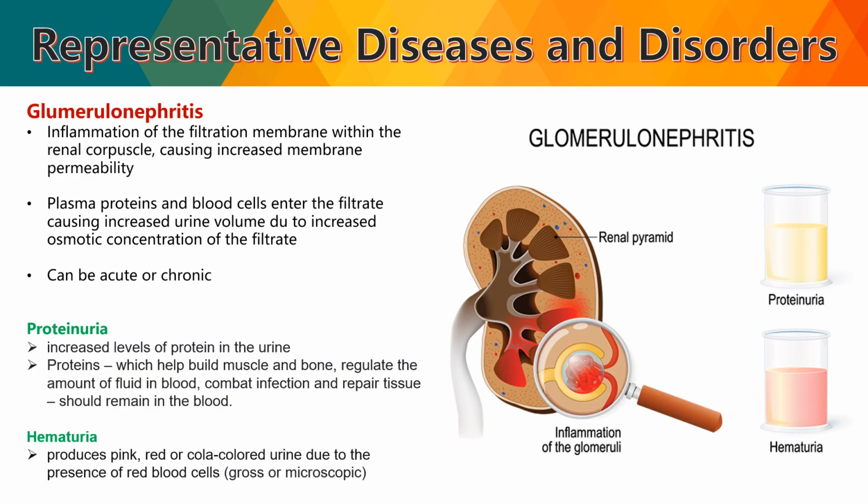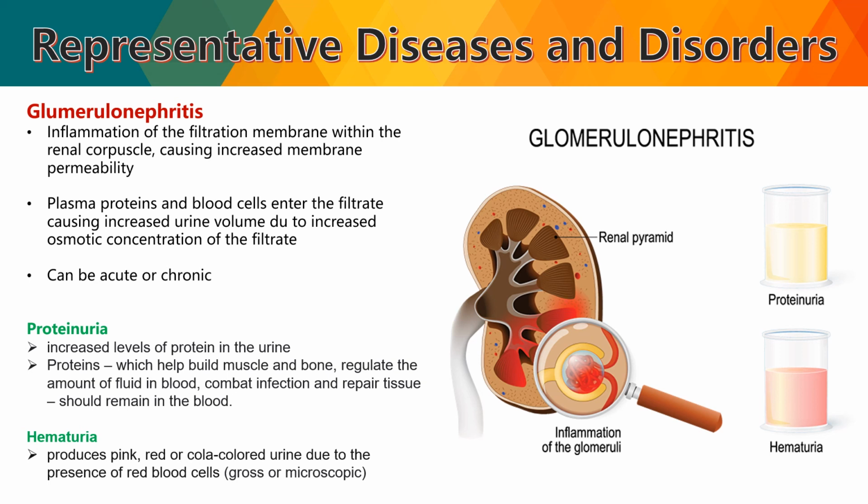For the representative diseases and disorders of your urinary system, first you have glomerulonephritis. It is the inflammation of the filtration membrane within the renal corpuscle, causing increased membrane permeability.